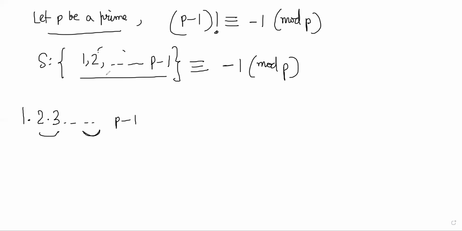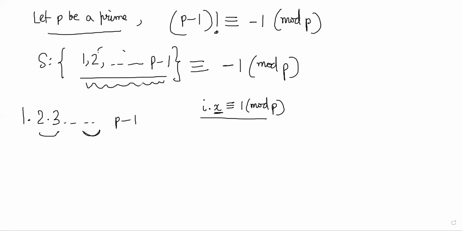For any I here, let's say I into X is equal to 1 mod P. So we know that it is guaranteed that there will be an X, and that X will lie in this set.